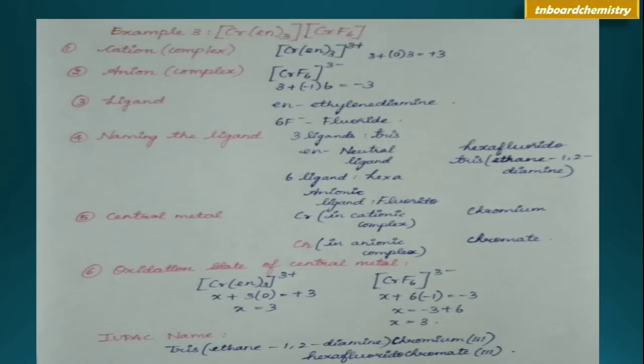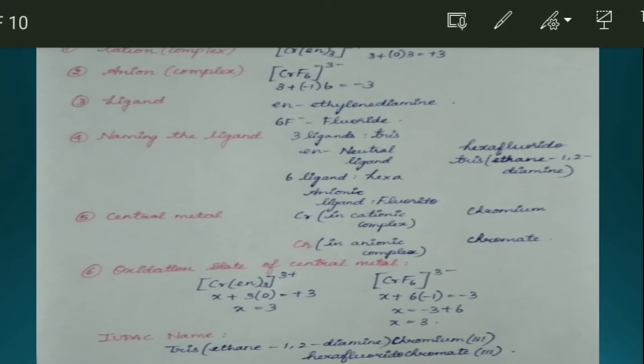First, the cation. What is the cation? [CrEn3] 3+ is the cationic complex. And the anionic complex is [CrF6] 3-. I have calculated the values.